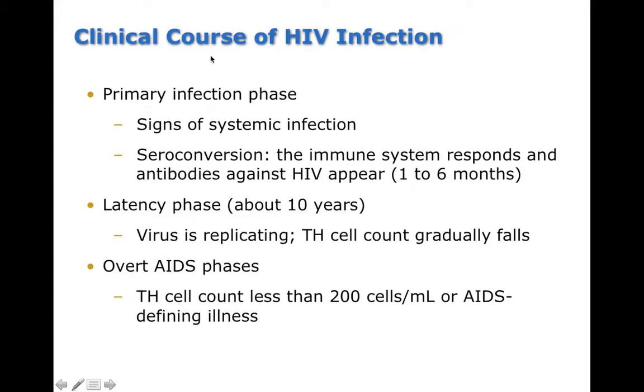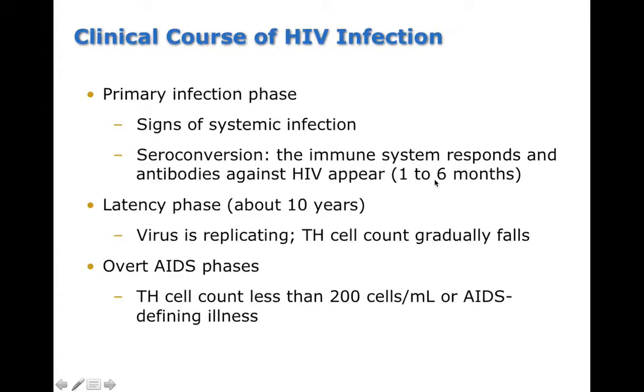So the clinical course of HIV would be things like, the primary phase here is that we have signs of systemic infection. So you're going to get the fever and sweating, that kind of stuff. And when we talk about seroconversion, we're saying that we can measure HIV RNA in someone's bloodstream 1 to 6 months later, right?